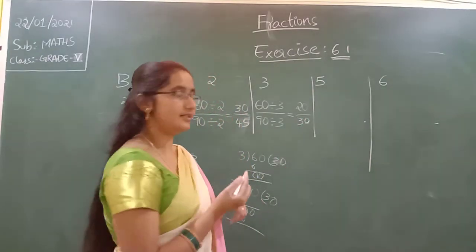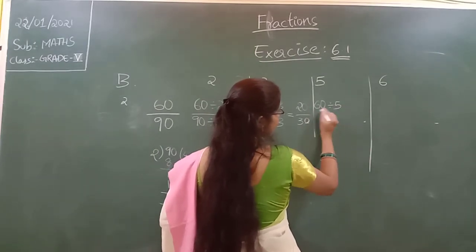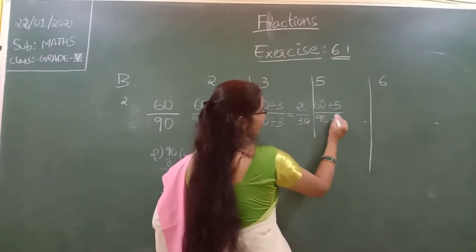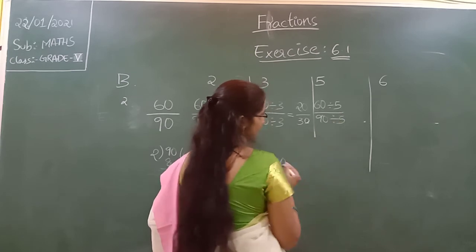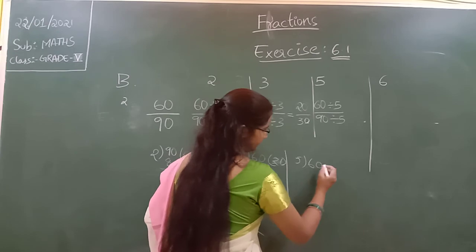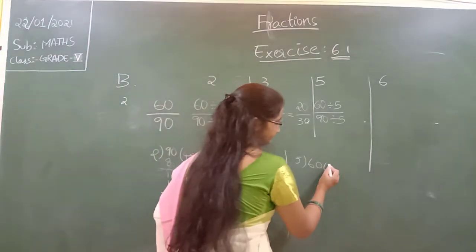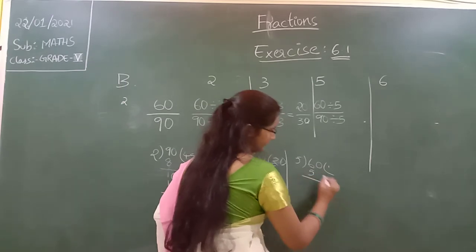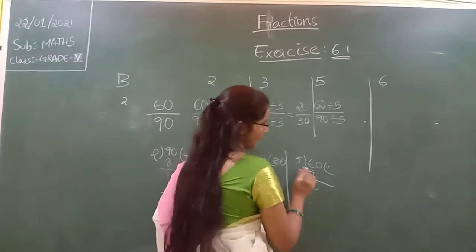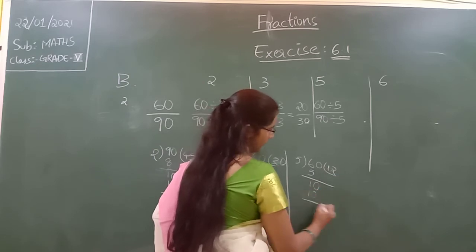Next, 60 divided by 5 and 90 divided by 5. 5 ones are 5, 5 twos are 10. So 12.